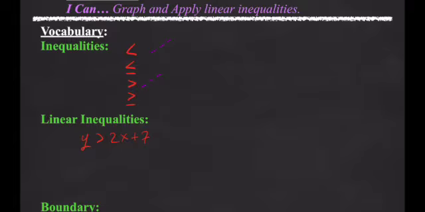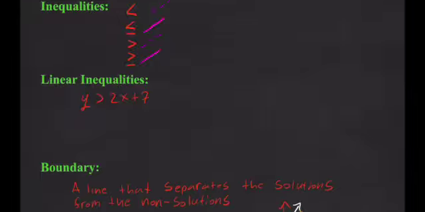If it is less than or equal, we have a solid line. And if it's greater than or equal, we have a solid line. Okay, main difference is that without the equal to sign, it cannot equal the boundary. The boundary is not part of the solution. If it has the equal to sign underneath, then the boundary is part of the solution.